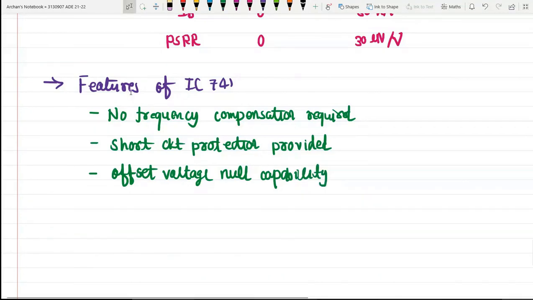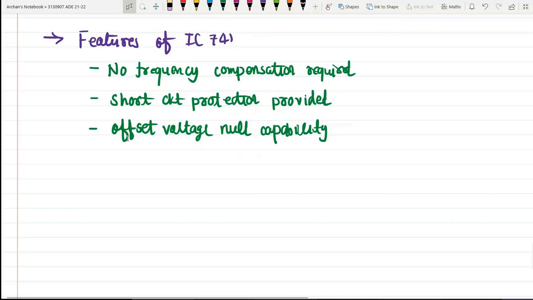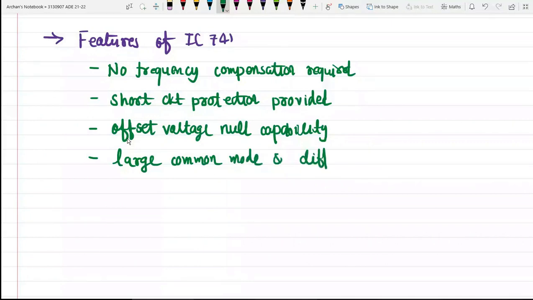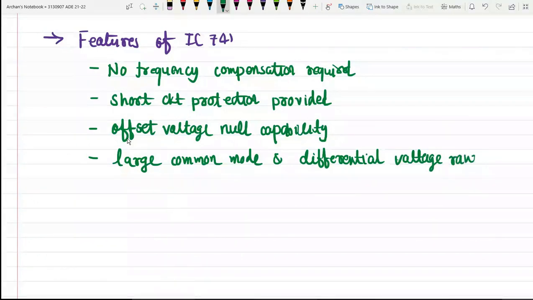And large common mode and differential voltage range is also one of the features. So these are some of the features of IC741.